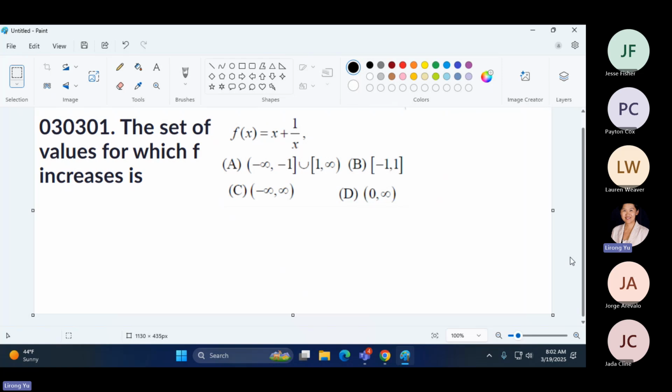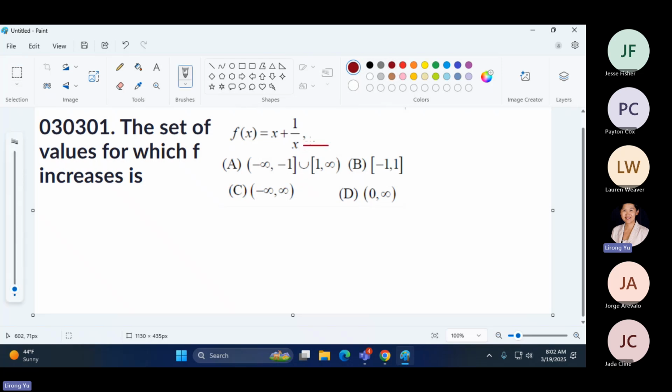But this function has x plus 1 over x. x is well defined all the time, but 1 over x is undefined when x equals 0, because 1 divided by 0 is undefined. Because of the way the function is defined, we often need to determine a proper interval to start with. In this case, because of that denominator, we know that x cannot be 0.